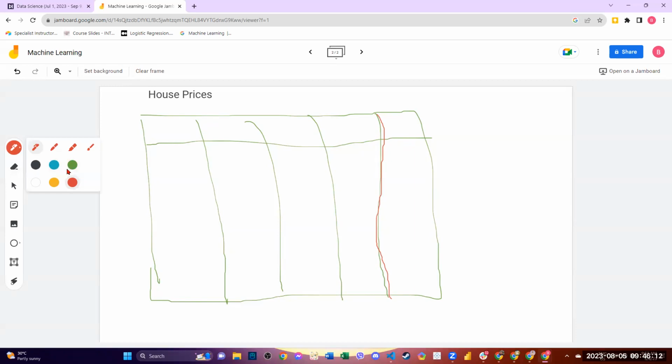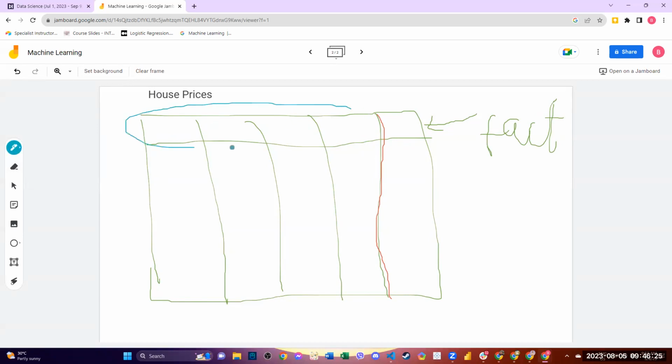This is part of the fact, and this is part of the features. So we have a fact and the features.